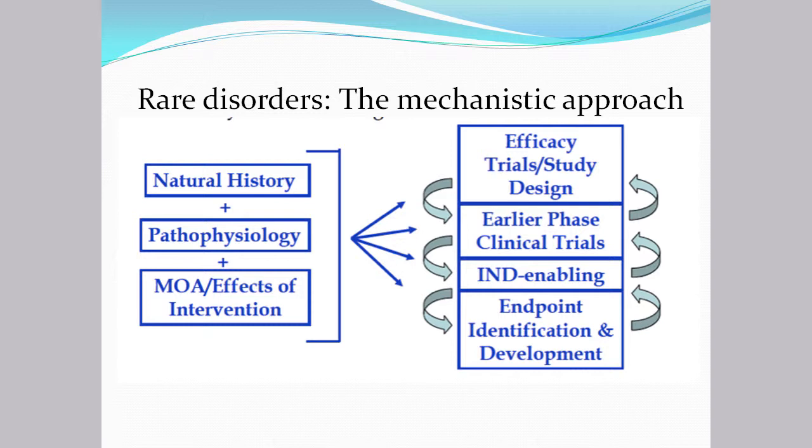I just want to bring a mechanistic approach to a rare disorder. How can we do that? Obviously, we start with the pathophysiology, and then what happens to the natural history and the effects of intervention. Everybody wants to find a treatment, a drug, and help these patients.